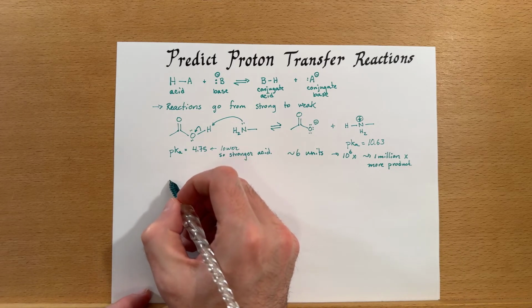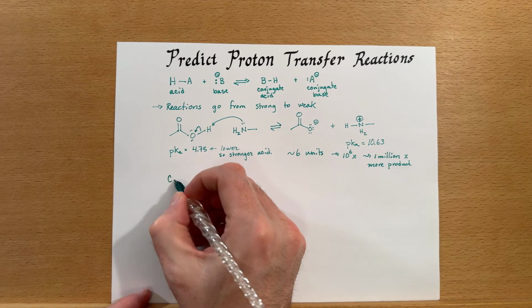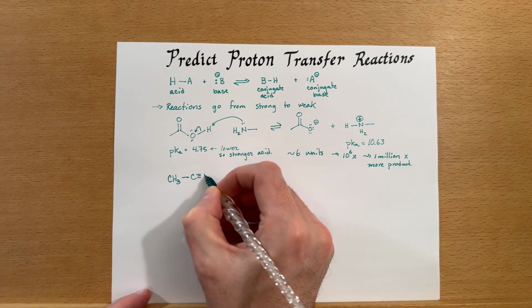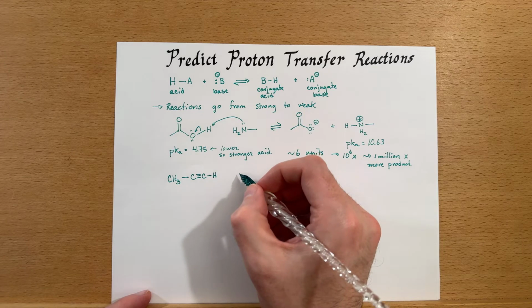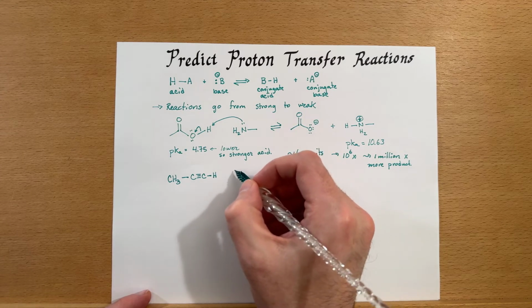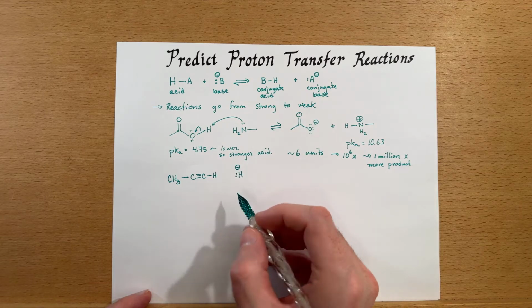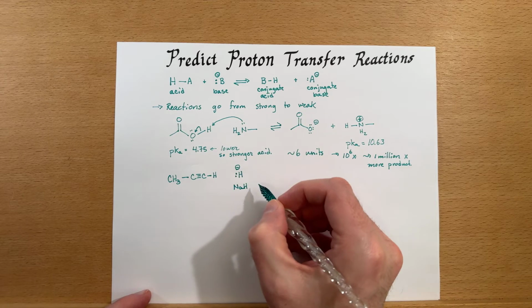So let's look at another reaction. So here we have a terminal alkyne, and I'm going to use a hydride. For example, you can use sodium hydride.